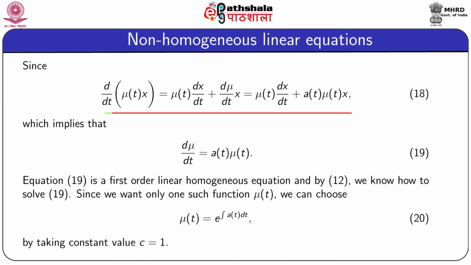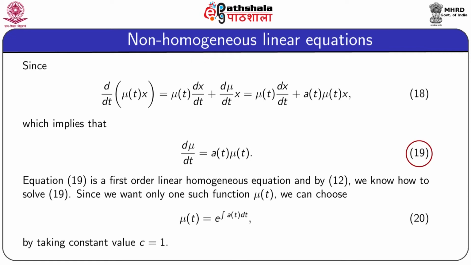Since d/dt of mu(t)x is equal to mu(t) into dx/dt plus d mu/dt into x is equal to mu dx/dt plus a(t) mu(t) into x, it implies that d mu/dt is equal to a(t) mu(t).